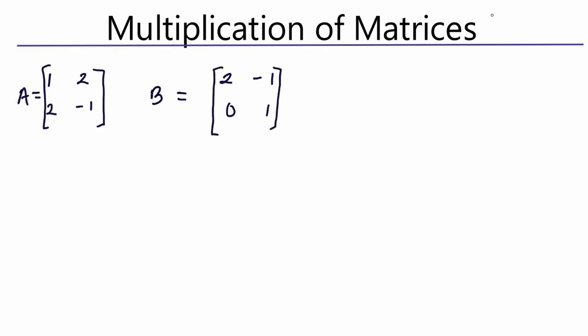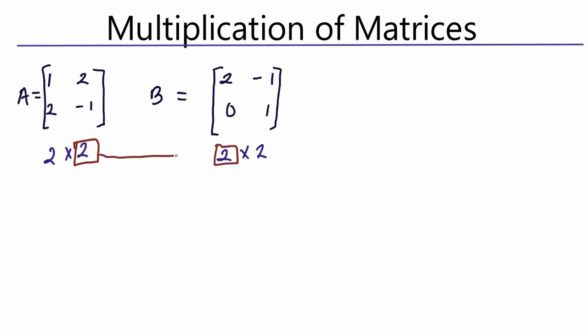Now, when you look at these two matrices, this is a 2 by 2 matrix, and on the other hand, we have the second matrix as a 2 by 2 matrix. If both of them are 2 by 2 matrices, we look at the columns in the first matrix and the rows in the second matrix.